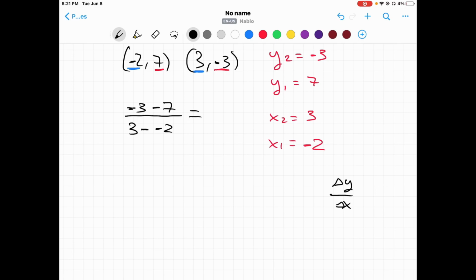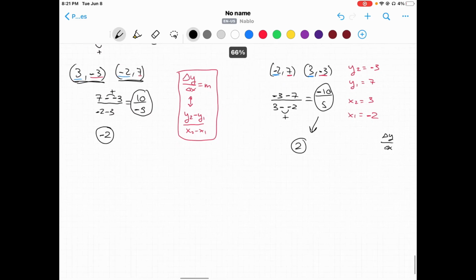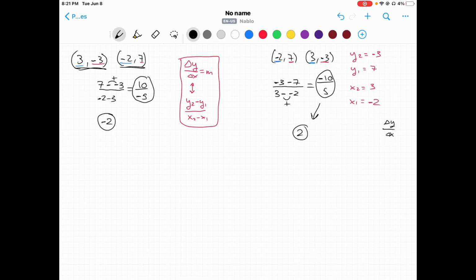And on the numerator, we would get negative 10 because negative 3 minus 7 is negative 10. And 3 minus negative 2 becomes 3 plus 2, and we get 5. And negative 10 over 5 simplifies down to negative 2. So in these two examples, we did it the other way around, and we got the same slope. Negative 2 equals negative 2. So you could actually use these interchangeably and it would still work.